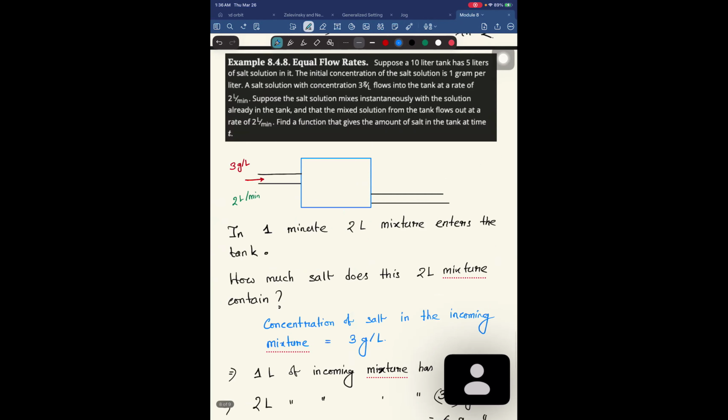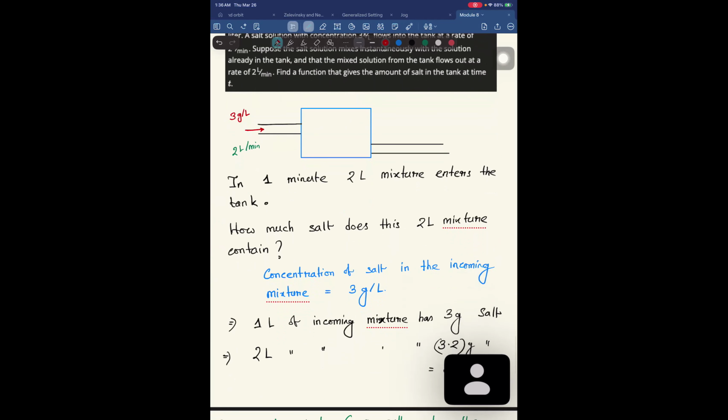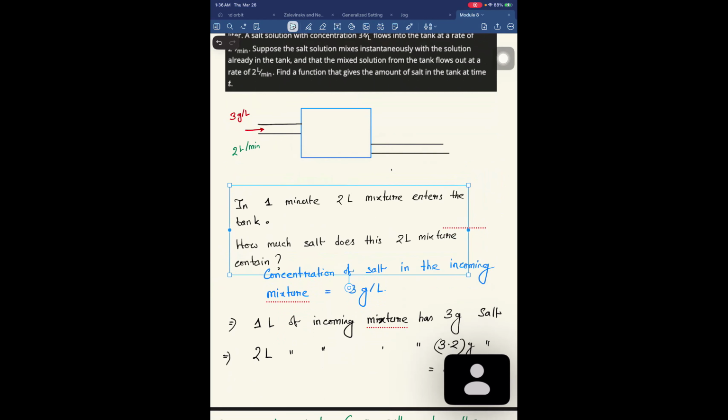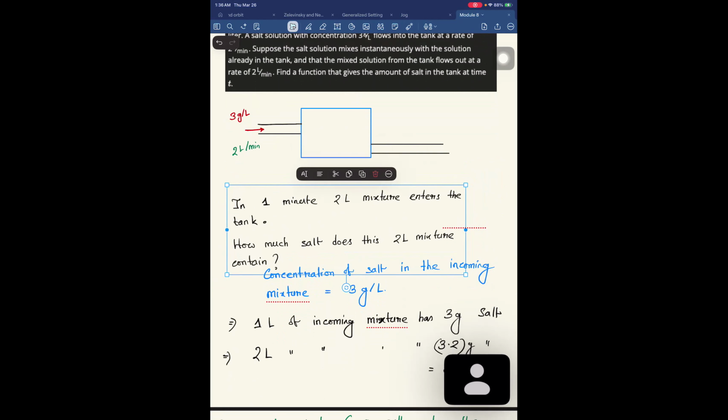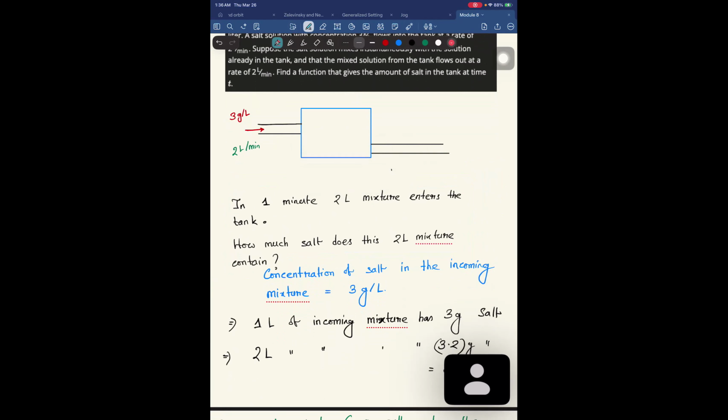So our problem should start at this beginning hypothesis. So say t minutes have passed.